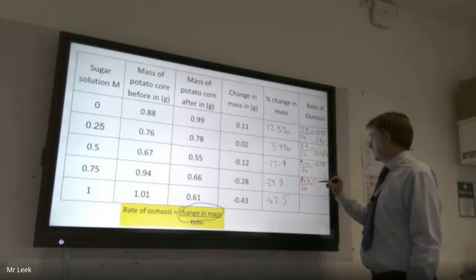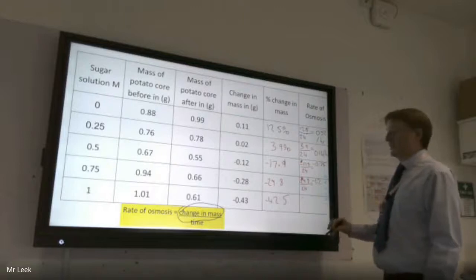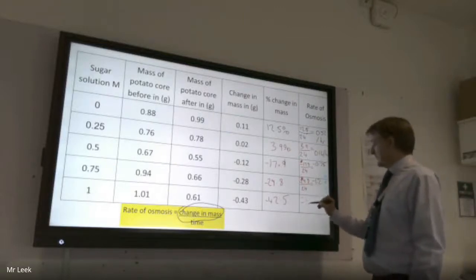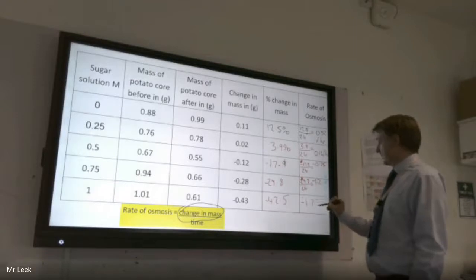Minus 1.2. Okay, don't need too many decimal places. Right, good, well done. And then the last one, I'll just write down the answer for it, it's minus 1.77.